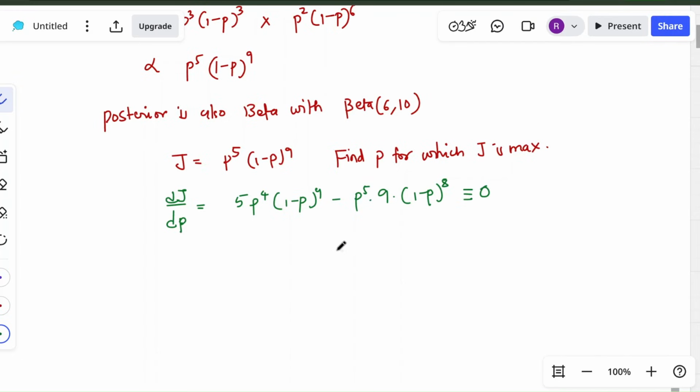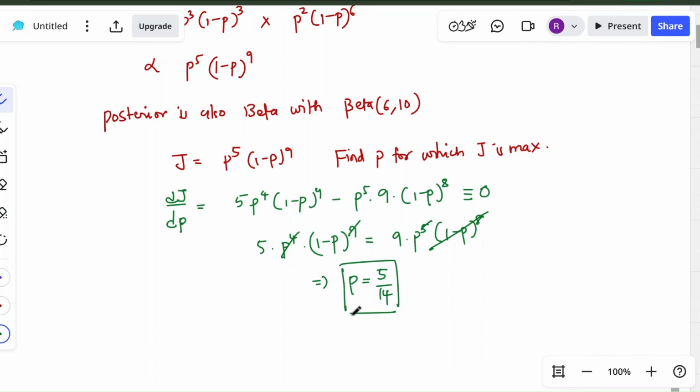The moment I set it to 0, I can solve it as 5 into p power 4 into 1 minus p whole power 9 equals 9 times p power 5, 1 minus p power 8. This gets cancelled with this, right? So ultimately we have p is equal to 5 by 14.